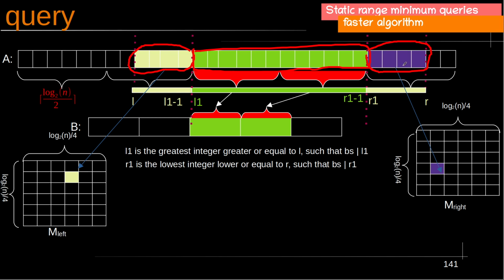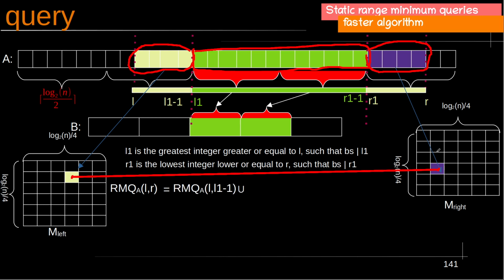It could be the same type or not, I don't know. The minimum could be at some point here, for example, and here, for example. So SMRQ of A from L to R is equal to SMRQ of A from L to L1 minus 1, union the SMRQ on the blocks B using the sparse table, as we have said.